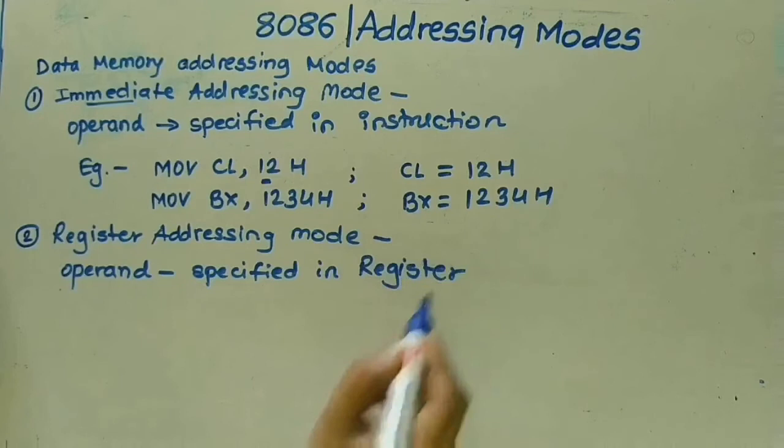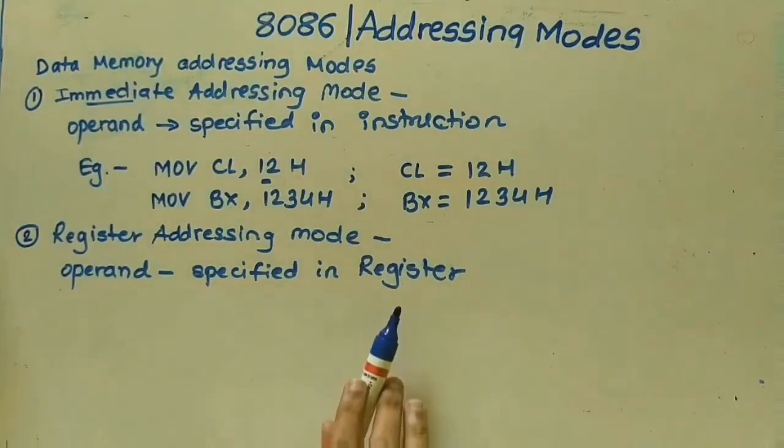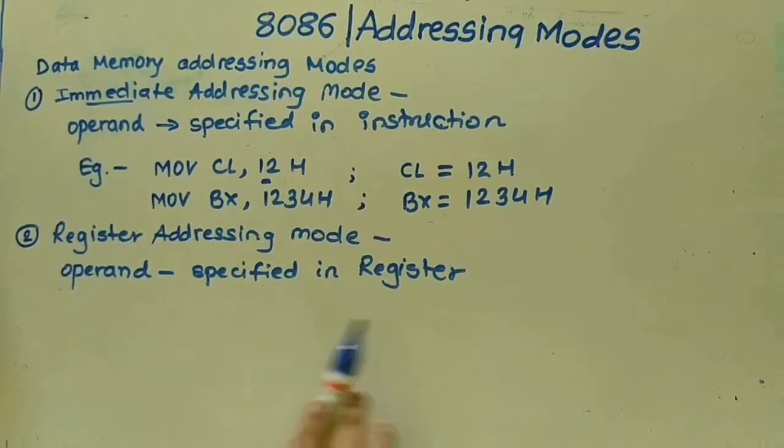The operand is first stored in the register, and then through that register it is used in the instruction. The microprocessor will access the data from the register and then perform the operation.